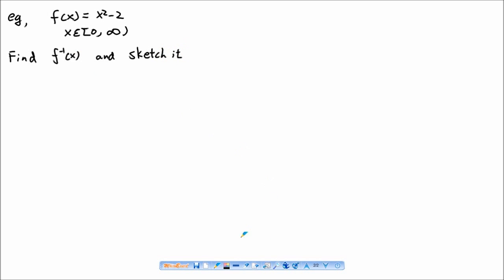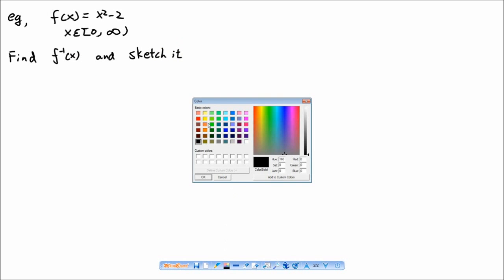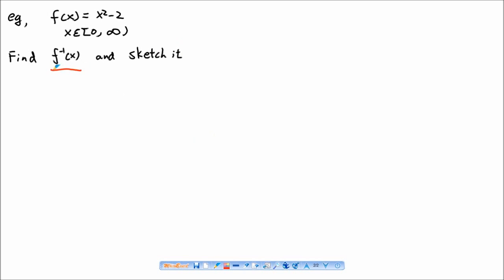This symbol here means the inverse function.